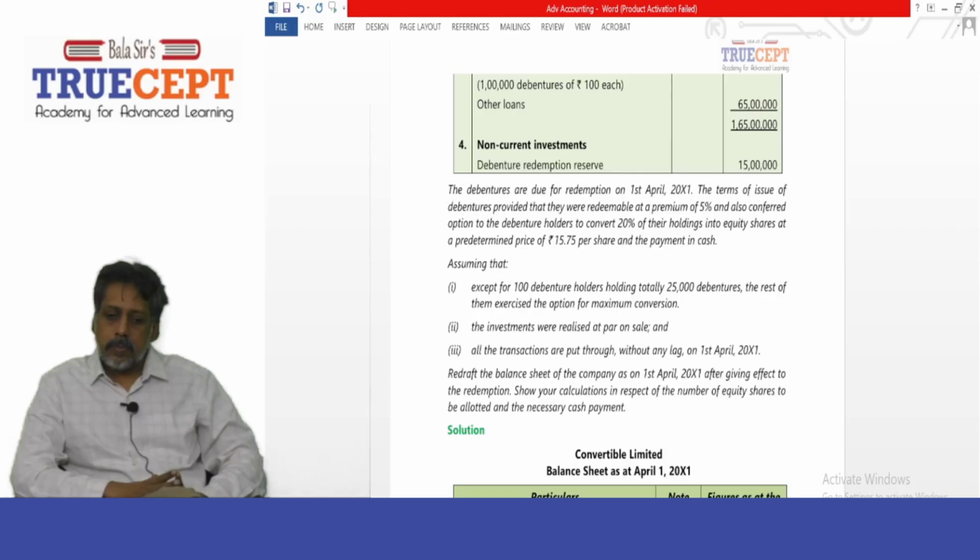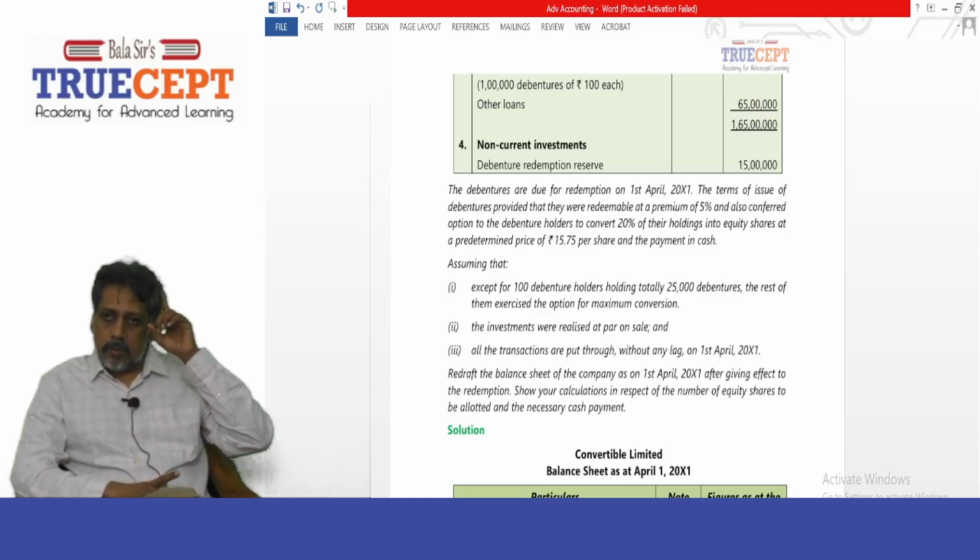And the company also conferred an option on the debenture holders to convert 20% of their holding into equity shares at a predetermined price of 15.75 per share, and the balance in cash. Just check this.